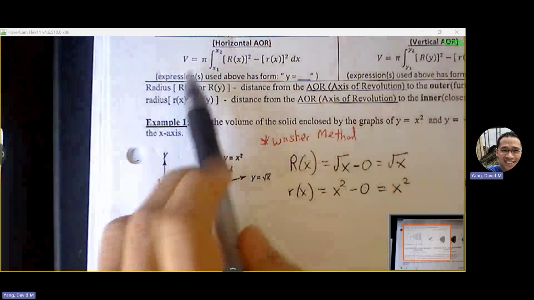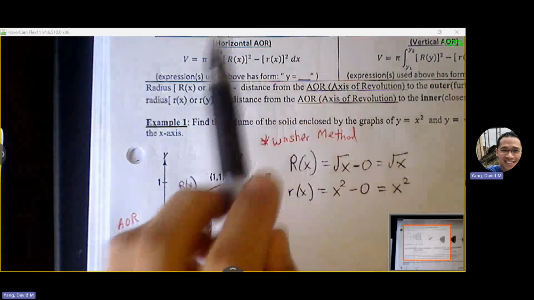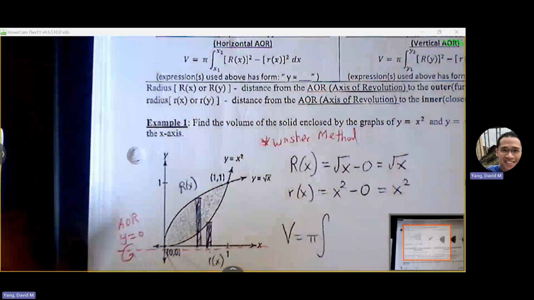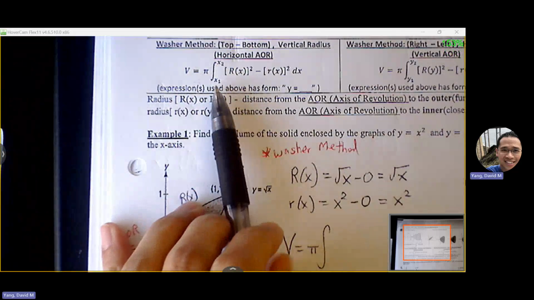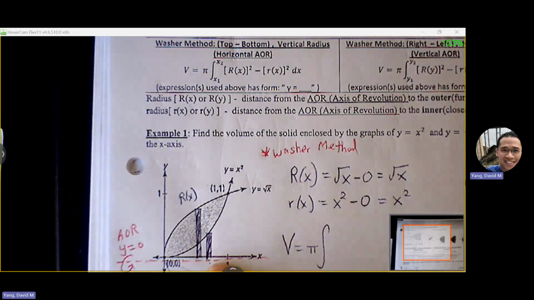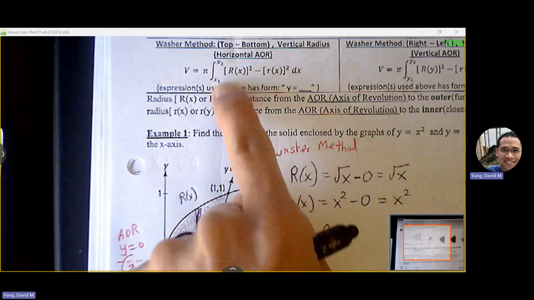Okay. We're just following the formula for our volume. So V is equal to pi, depth integral from x sub 1 to x sub 2. We're looking at the boundary of the shaded region. So sometimes your dotted line may be all the way over in a different part of your graph. We don't care about the dotted line if we're talking about the bounds. The bounds is only for the shaded region.